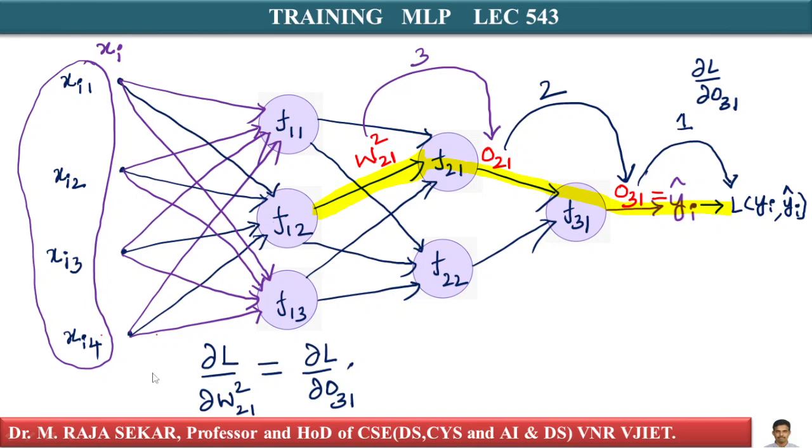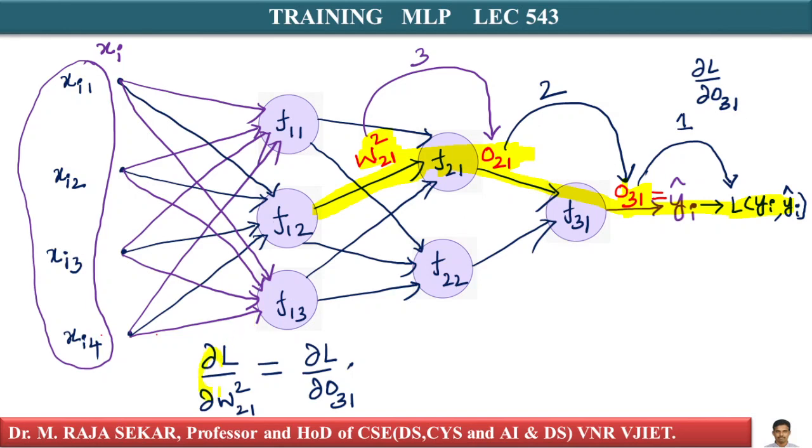Just see, W221 impacts O21, because it's an input to F21. This W221 impacts O21. O21 impacts O31. O31 impacts L, isn't it?